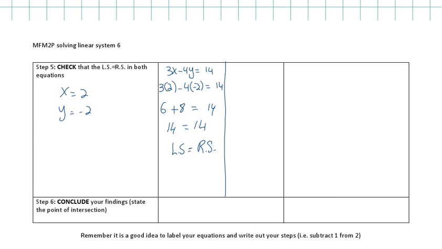So, the other equation is 3x plus 7y equals negative 8. 3 times 2 plus 7 times negative 2 equals negative 8. 3 times 2 is 6, minus 14 equals negative 8. 6 take away 14 is negative 8.